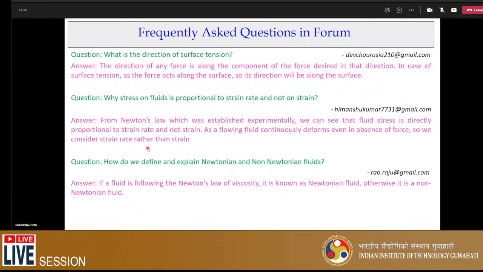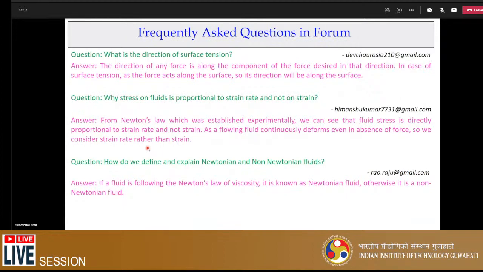How do we define and explain Newtonian and non-Newtonian fluids? In my PPT, it is the relationship between shear stress and shear strain rate. If the linear relationship holds good for a group of fluid flow problems, then we call them Newtonian fluids.